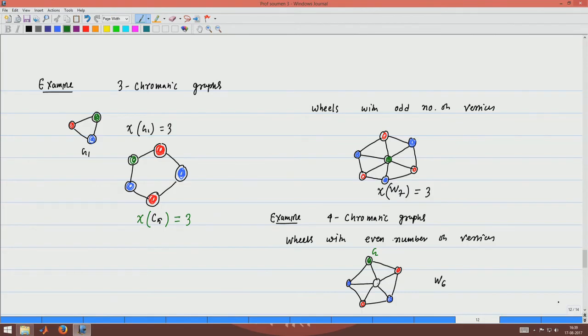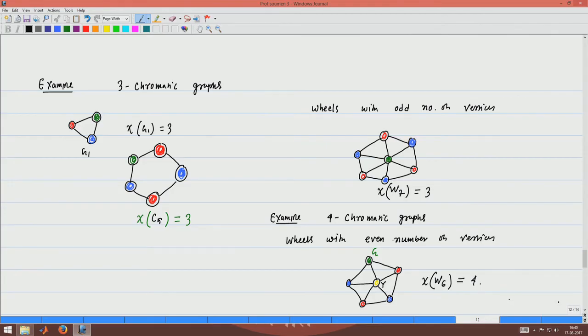And now, for the central vertex you can see that you can't use red, green or blue. So, you have to use the fourth color, say yellow, right. So, you can see any wheel with even number of vertices has chromatic number 4.